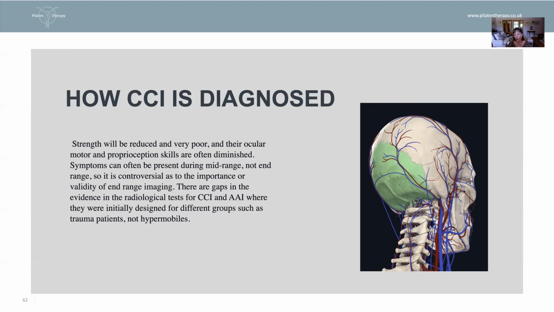The measurements were more about instability for that group of people, but not the hypermobile. So there is question as to whether, if you took a whole group of people with, say, Ehlers-Danlos syndrome, and you gave them imaging and you asked them to move, they would all show greater than normal measurements, but not all of them would necessarily be symptomatic.